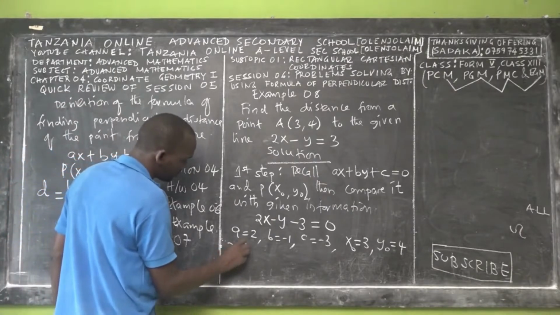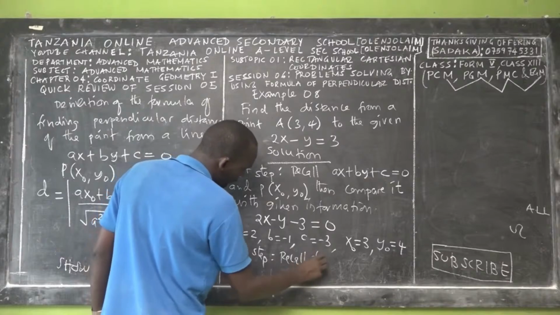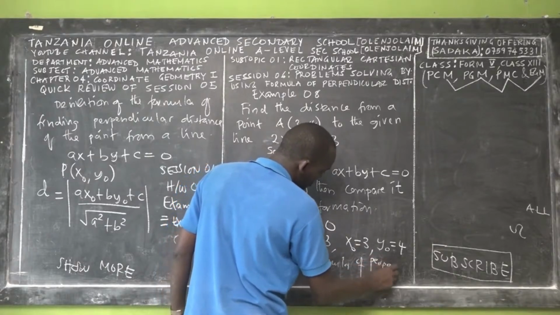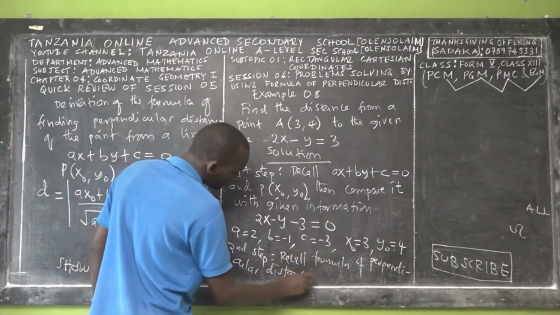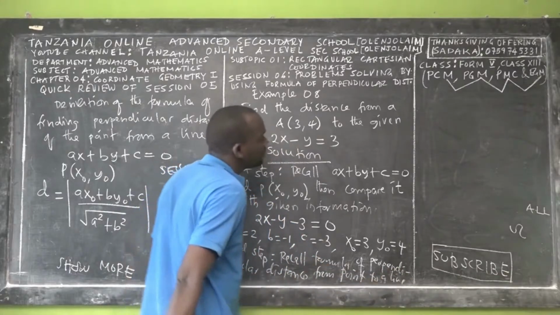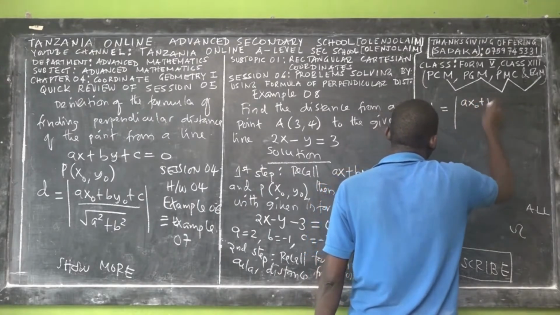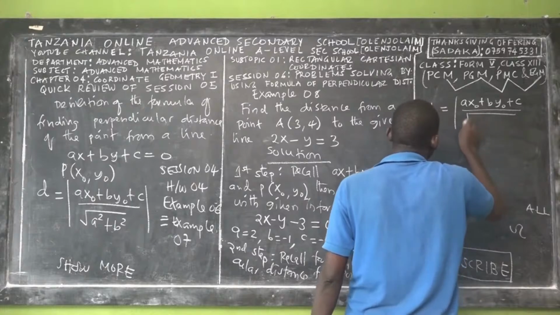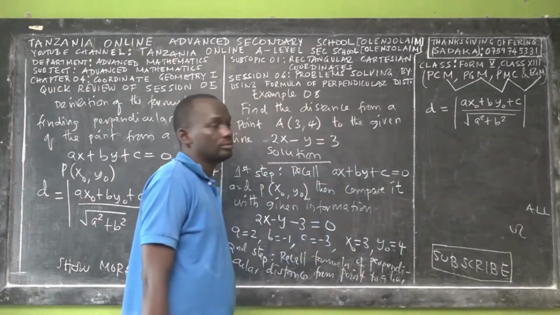So we go for the second step. We call the formula of perpendicular distance from a point to a line: the absolute value of a x naught plus b y naught plus c, over the square root of a squared plus b squared.